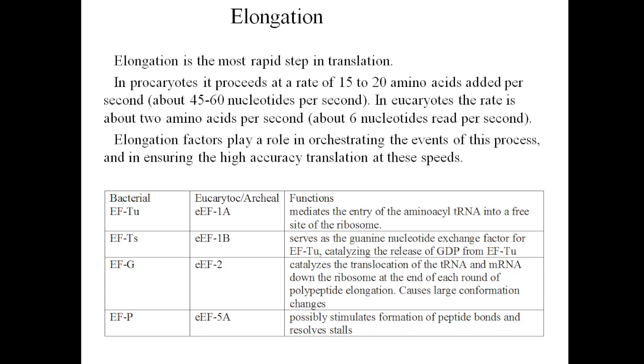Up to 20 amino acids are added per second, with messenger RNA moving along the ribosome at up to 60 nucleotides per second. In eukaryotes it is less intensive, but up to 2 amino acids per second are still added.